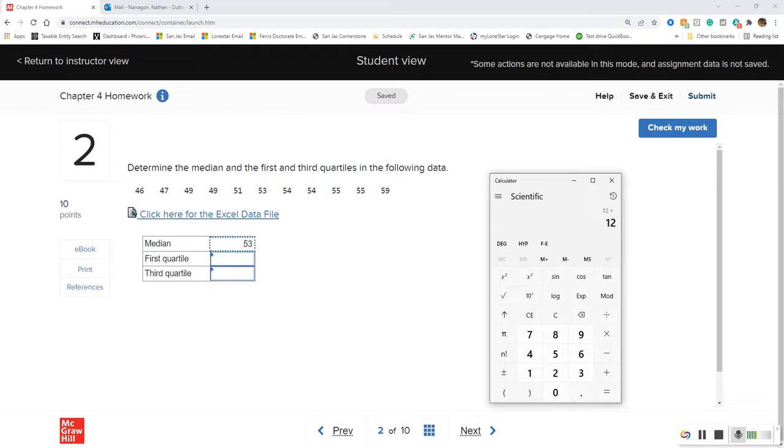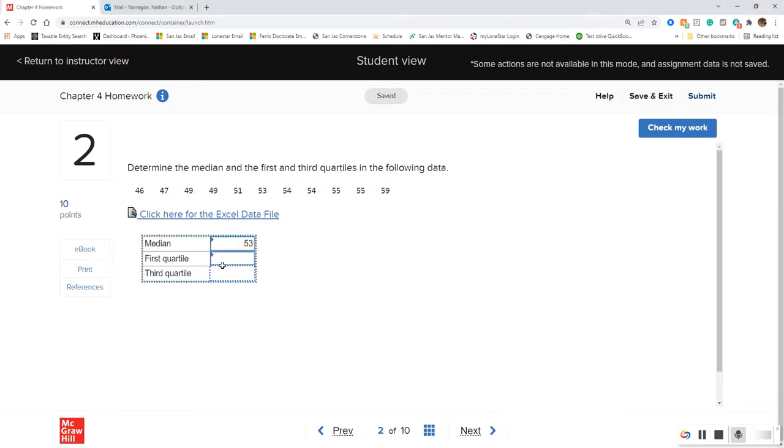Then for the first quartile, you multiply it by 0.25, which means our first quartile sits at the 3rd position. That would be 49. Do not put 3. 3 is not the answer. That only gives the position of that quartile.